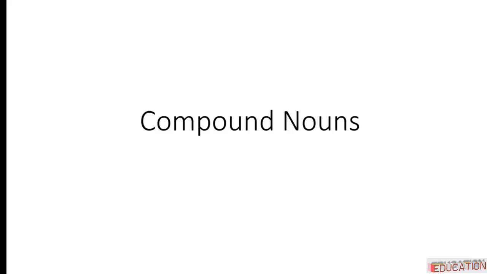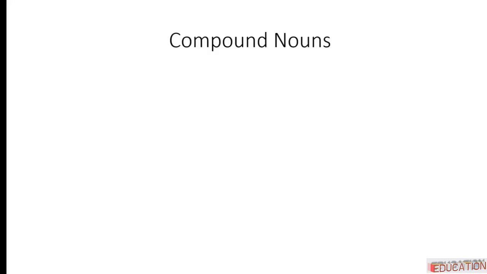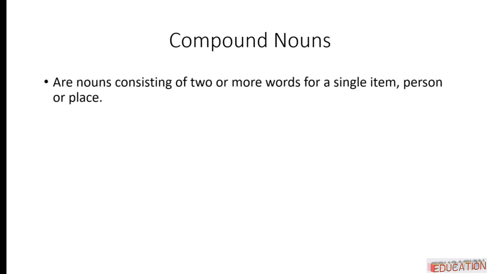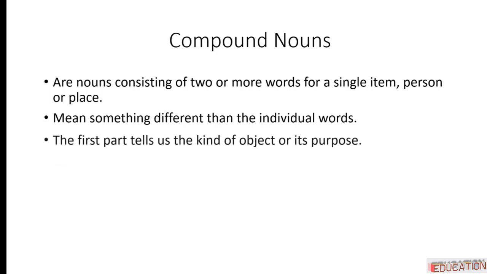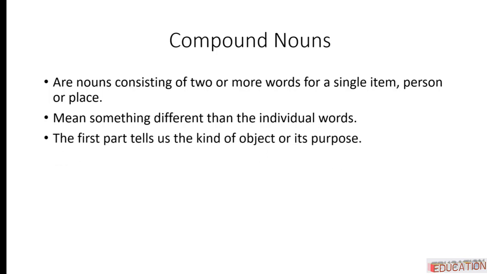This lecture is all about compound nouns. Compound nouns are nouns consisting of two or more words for a single item, person, or place, and they mean something different than the individual words. The first part tells us the kind of object or its purpose.